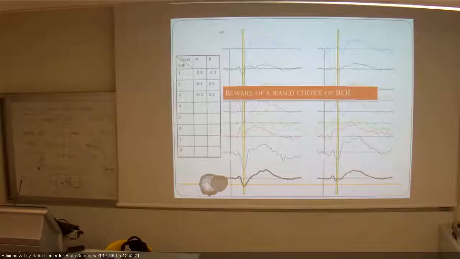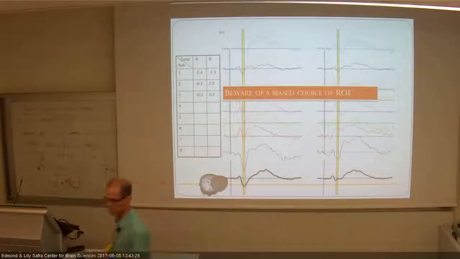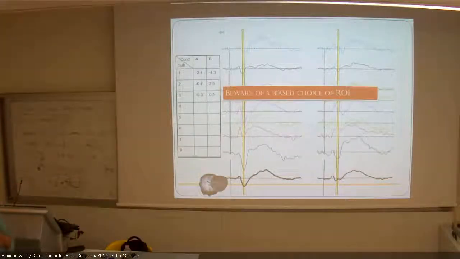I put this here to warn you that the way I determine this window or region of interest has to be, as best I can, unbiased. I want to define my region of interest without knowing too much about my results. I don't want to choose a window in which I already see that there is some effect, because that will bias my analysis.